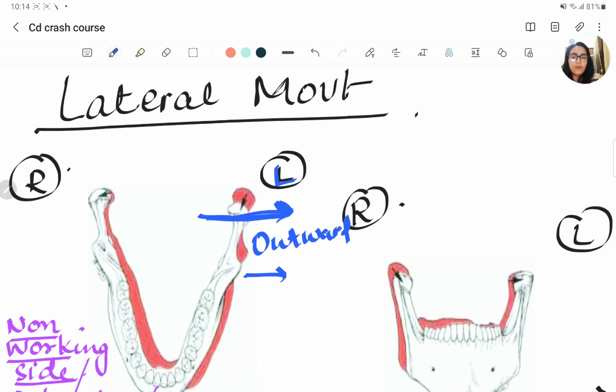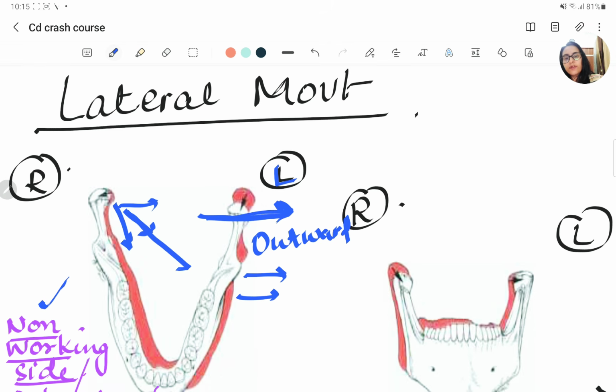If the movement is on the left side, the other side is known as the non-working side. So if the movement is towards the left side, then the right side will be called the non-working or balancing or idling side. The working side is known as the rotating condyle. The non-working side is known as the balancing or idling condyle. So the right side movement is going to be downward, forward and inward.